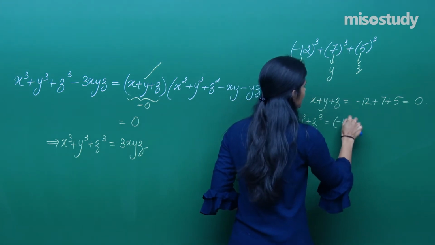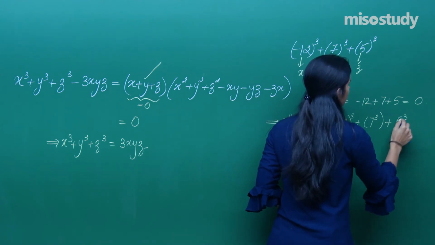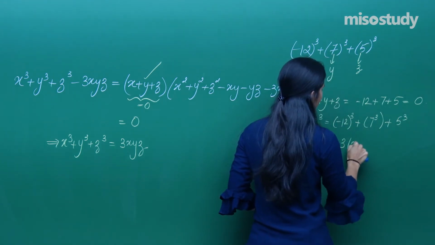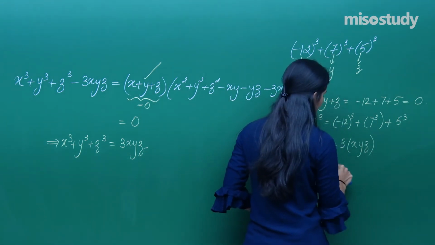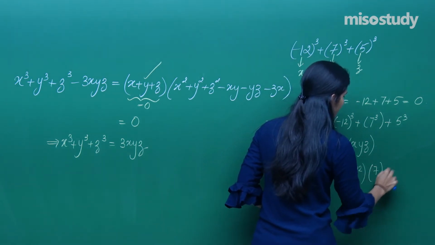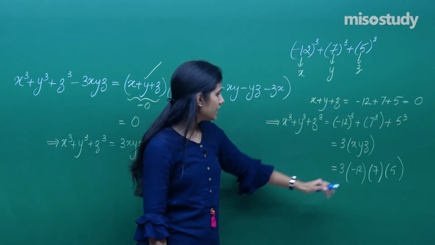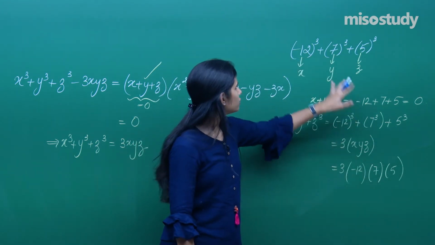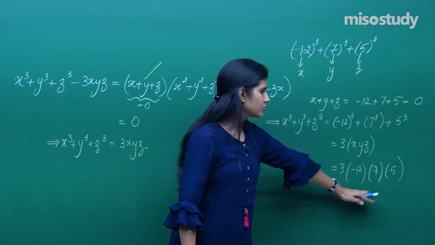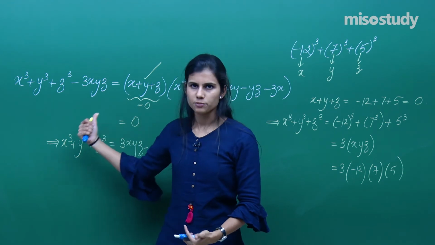So here x plus y plus z is 0, so x cube plus y cube plus z cube, which right now is minus 12 cube plus 7 cube plus 5 cube, will be equal to 3xyz. That means 3 into minus 12 into 7 into 5. Directly, without even opening up the cubes, I have calculated the value as 3xyz, because x plus y plus z was equal to 0, and that is what we just proved.